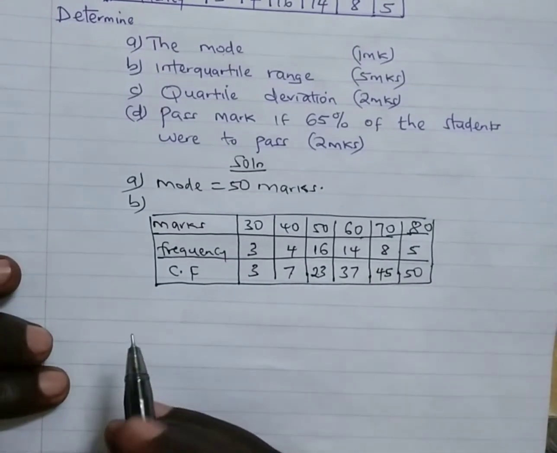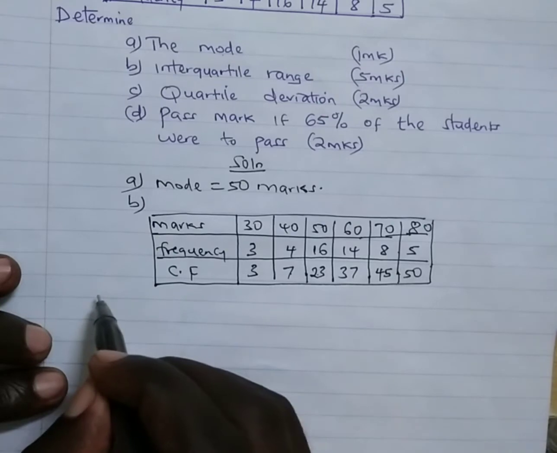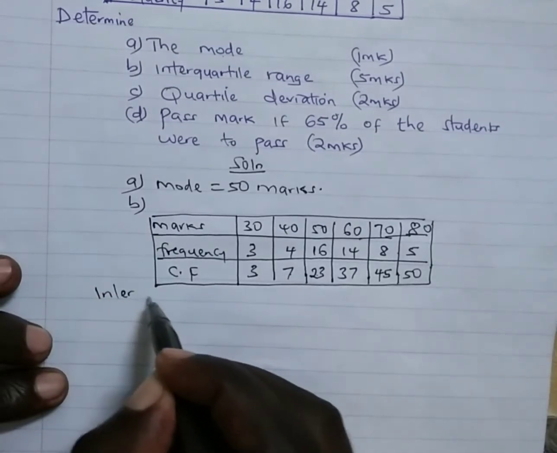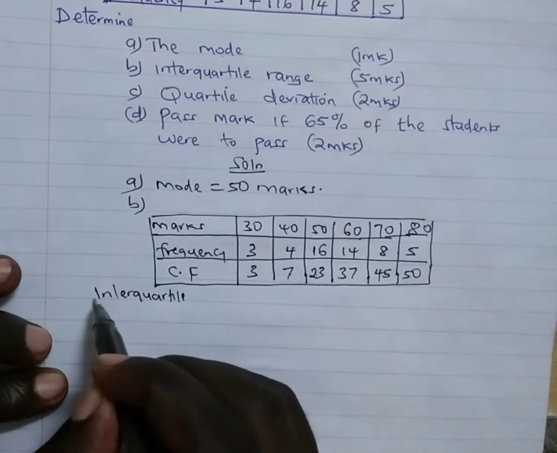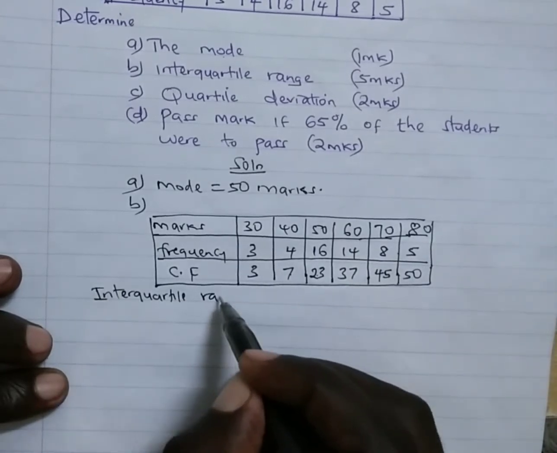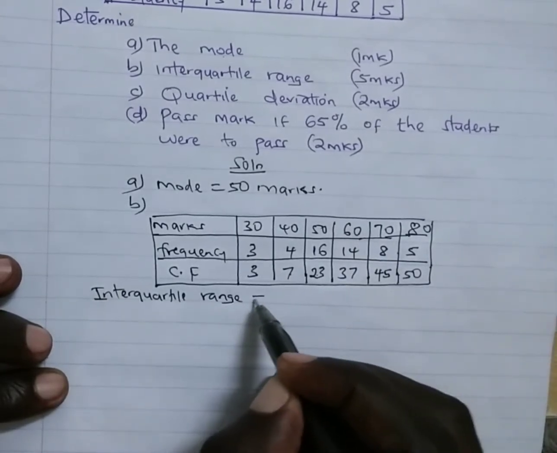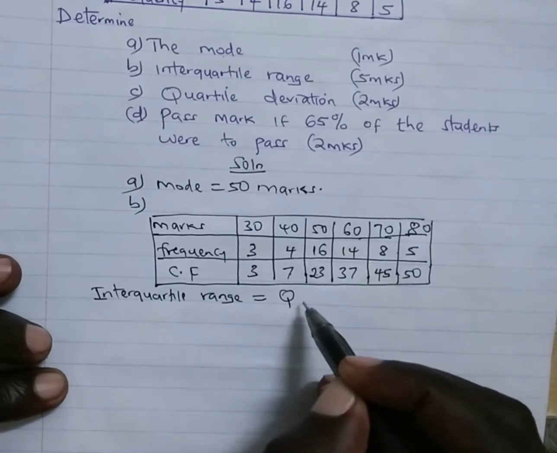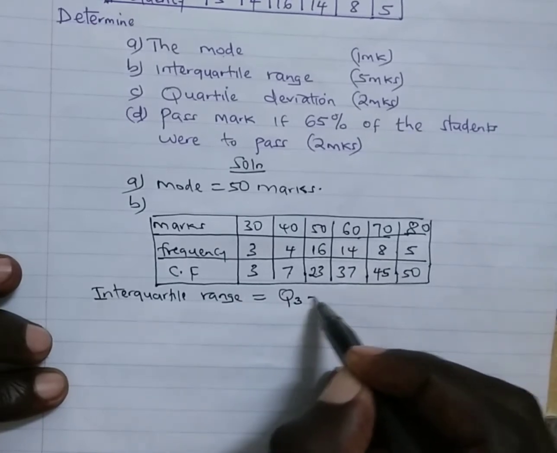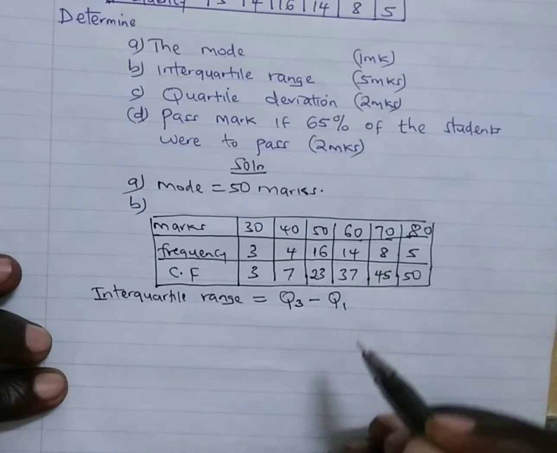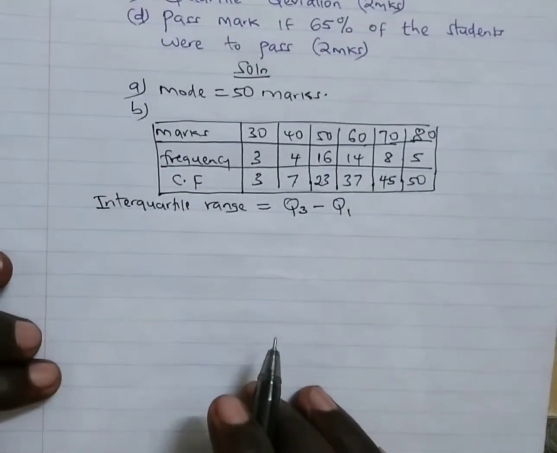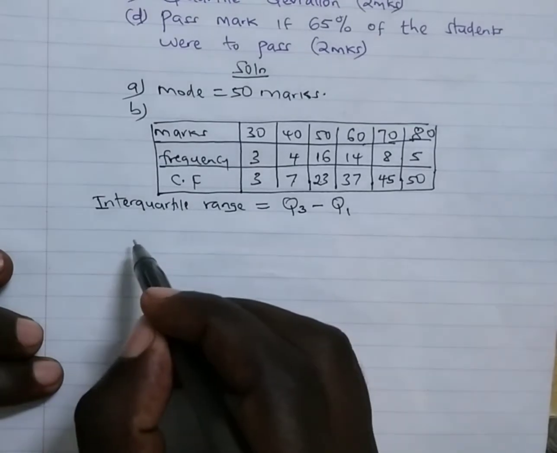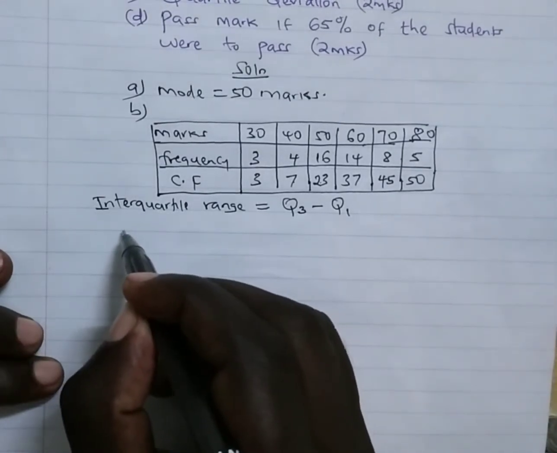After doing that, the interquartile range is usually obtained by taking the upper quartile, which is Q3, minus the lower quartile, which is Q1. Let us get the lower quartile, Q1.